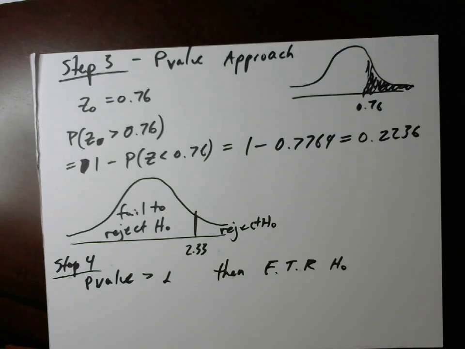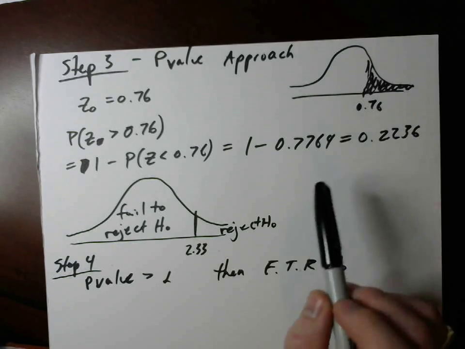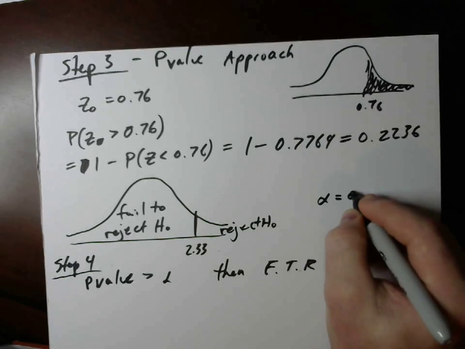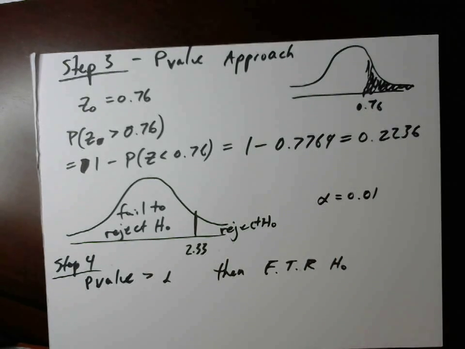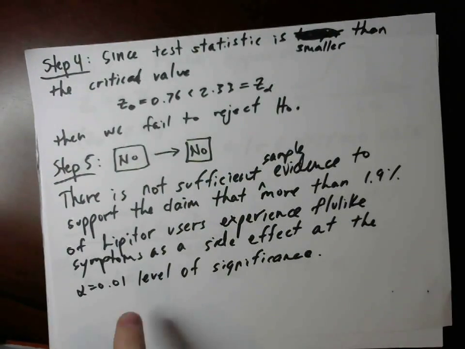As we can see, we fail to reject since the p-value, 0.2236, is larger than our alpha, 0.01. Then of course we would go to step 5, and it's the same conclusion.